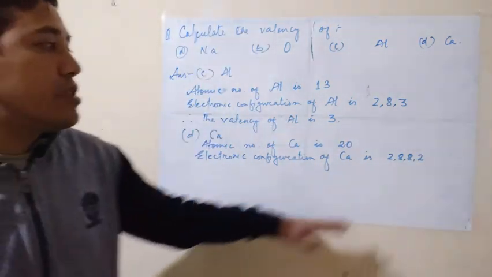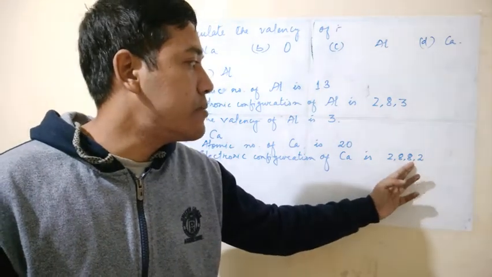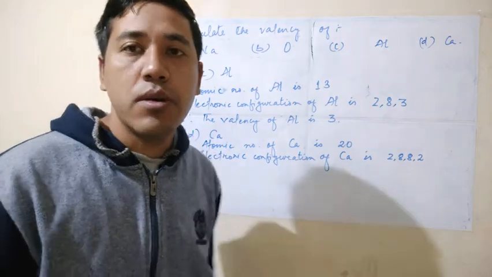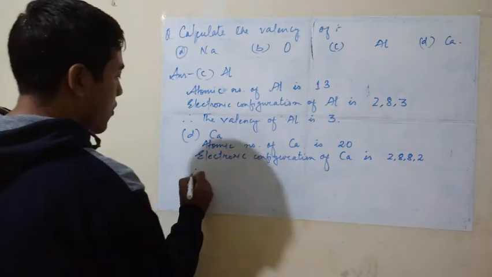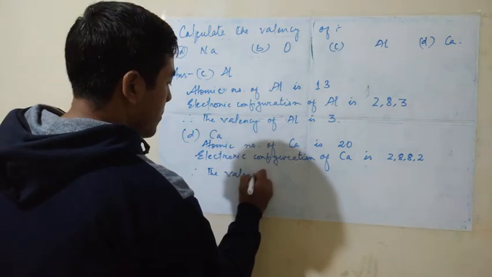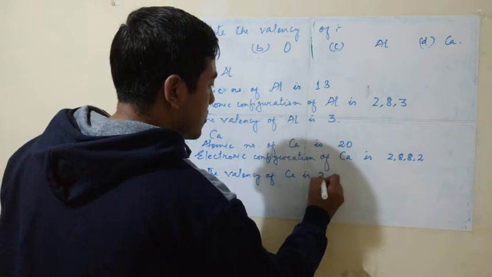Okay, it will be distributed into the 4 cells: K cell, L cell, M cell, and N cell. The outermost is how many? 2. Okay, then therefore the valency of calcium is 2.